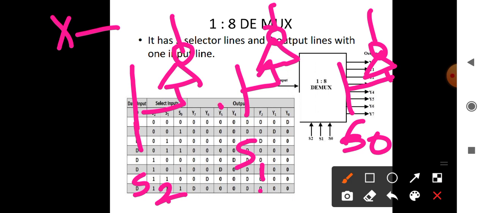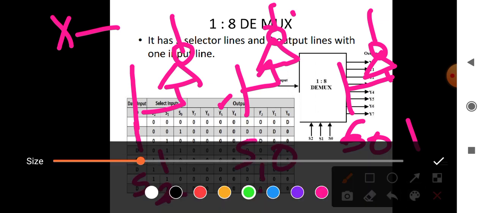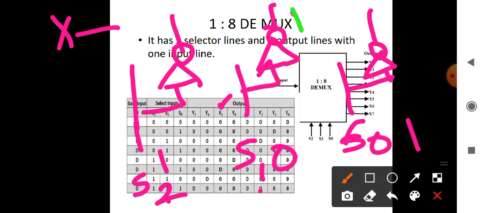Say for implementing D5, it is 4 2 1, that is 1 0 1. So if you give 0 here, then 0 should be complemented and the output should be high. Then if you give 1 here, 1 should not be complemented, so the high should be kept. So this X is always high.